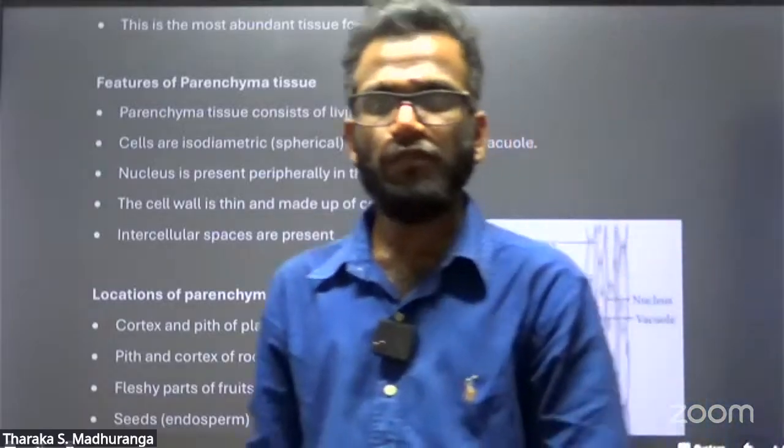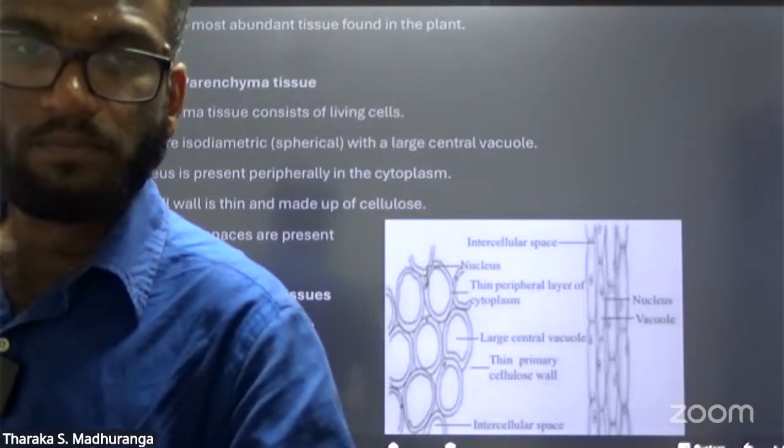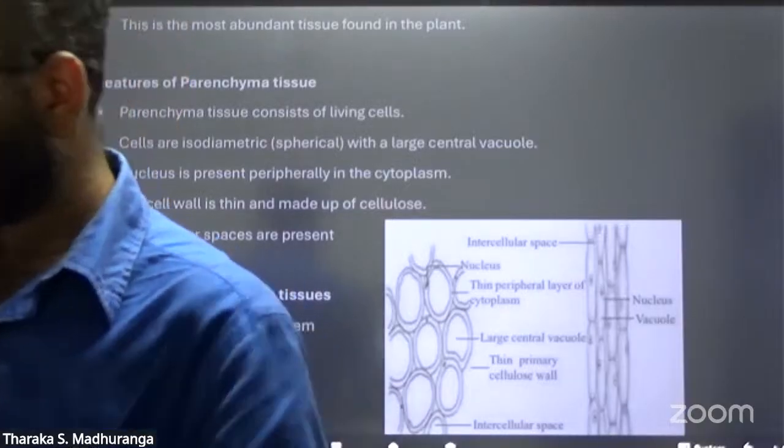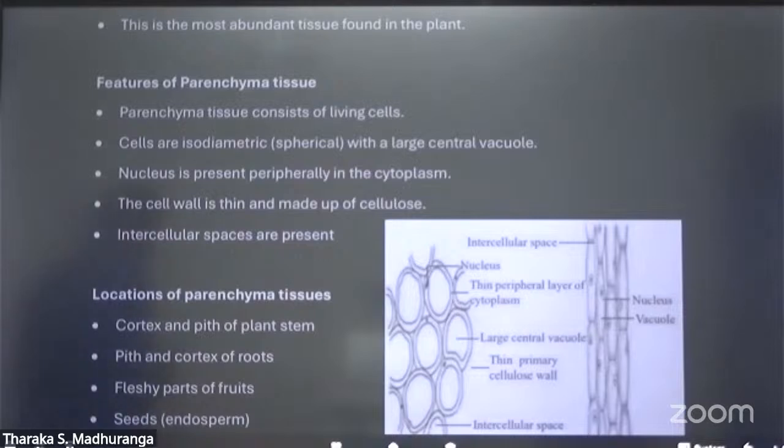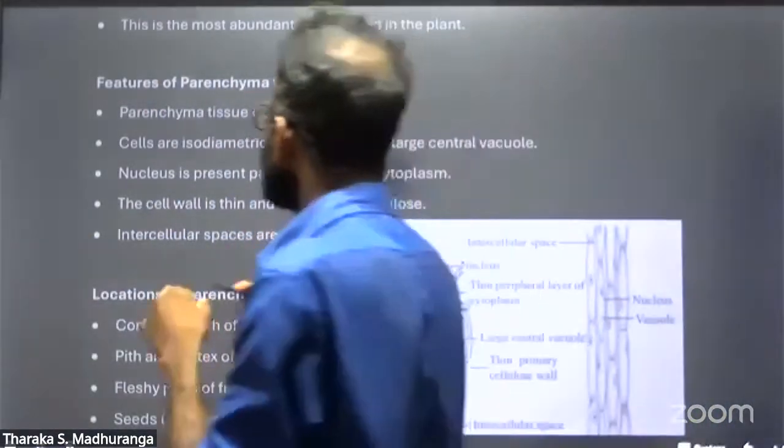It is important for the photosynthetic process because the immature parts are very important for photosynthesis.